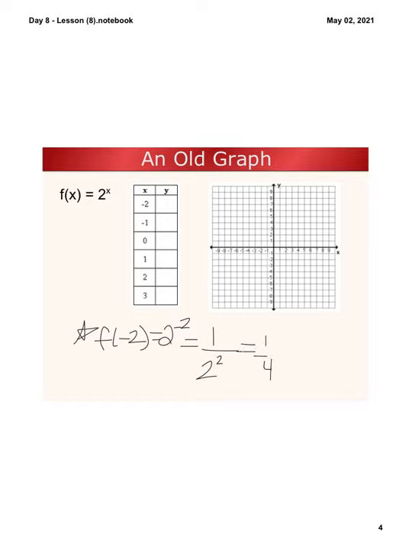So this is equal to 1/4, or 0.25. Now I'm just going to fill in the rest for you. If I have 2 to the power of -1, it's going to be 0.5, 2 to the power of 0, 2 to the power of 1, and 2 to the power of 2. Now 2 to the power of 3 is 8.